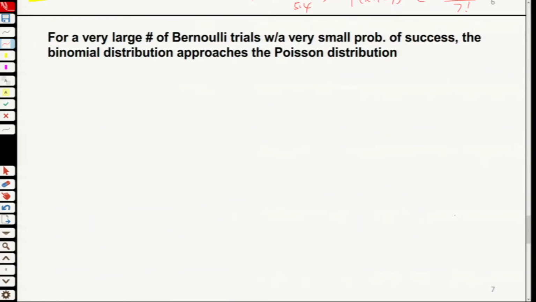Now, we are having 2-1. Binomial distribution approaches Poisson distribution: large number of Bernoulli trials, small probability of success.